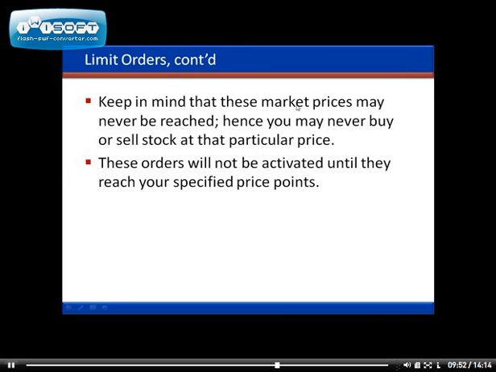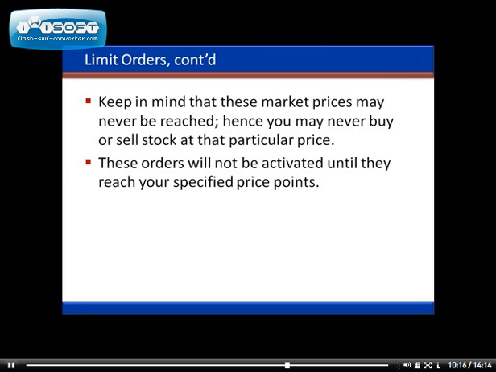Keep in mind that these market prices may never be reached, and so you may never buy or sell stock at the particular price that you want. This is what I'm talking about as far as the stock market. It's based on the willingness of sellers to sell and at what price, and the buyer's willingness to buy and at what price.